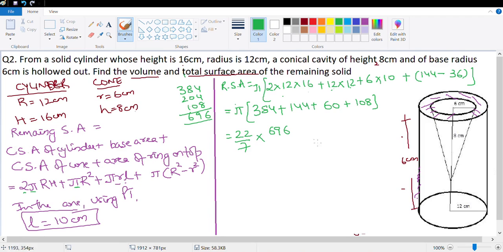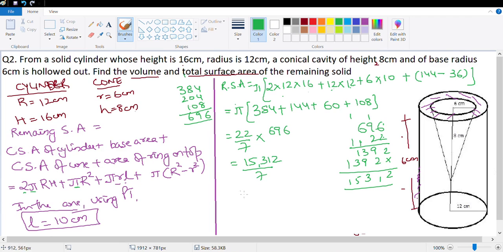Again, a big calculation. 696 into 22. 2 into 6, 12. 18 plus 1, 19. 2 into 6, 12 plus 1, 13. That's 2, 9, 3, 1. 2, 9 plus 2, 11. 10, 13. 5, 1. That's 15312 divided by 7. 7 into 2, 14. So let's divide it here. 7 into 1, 7.